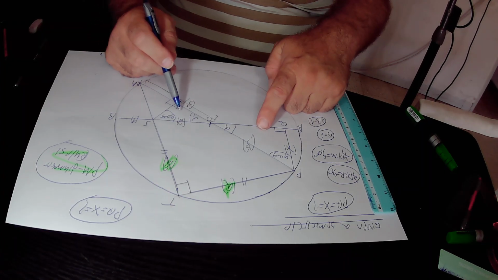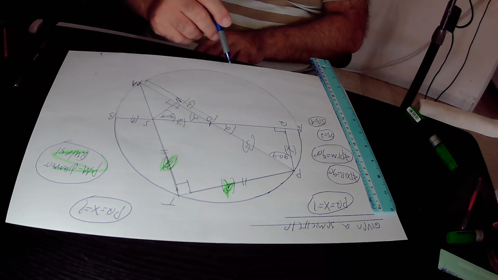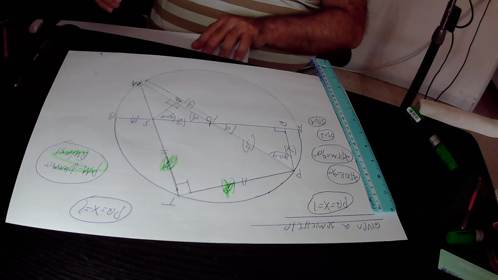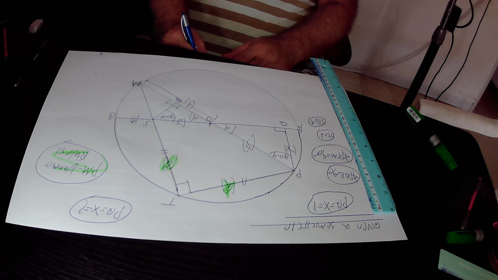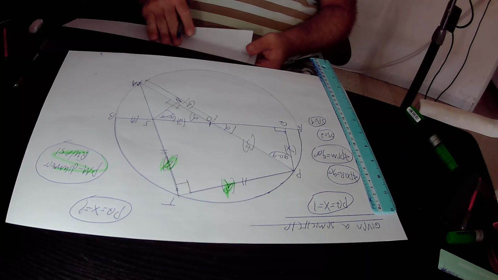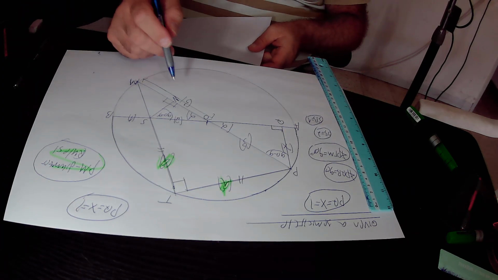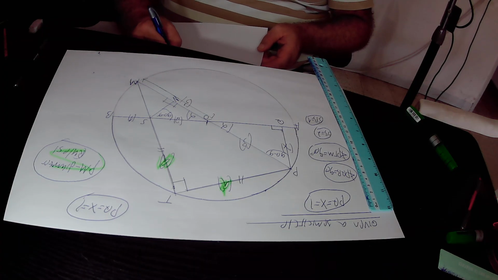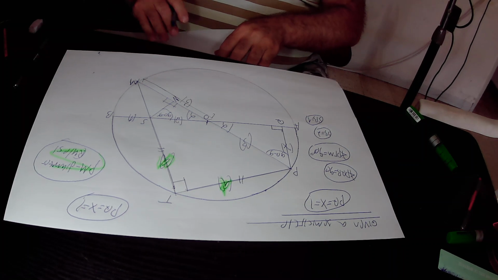Therefore, those two right triangles are similar to each other according to the angle similarity rule. So we found out that the upper right triangle PQO is similar to the lower right triangle ONS, according to the angle similarity rule.